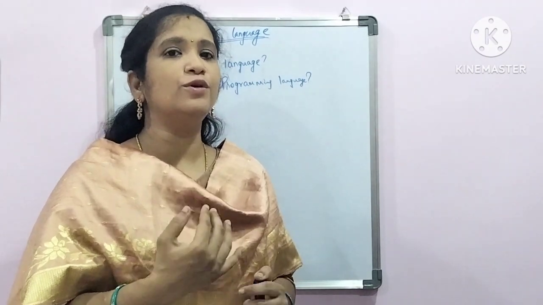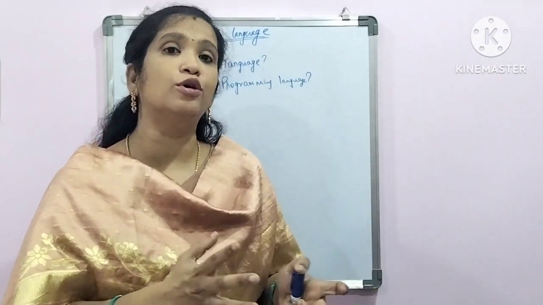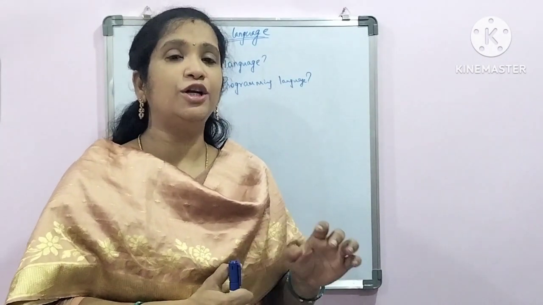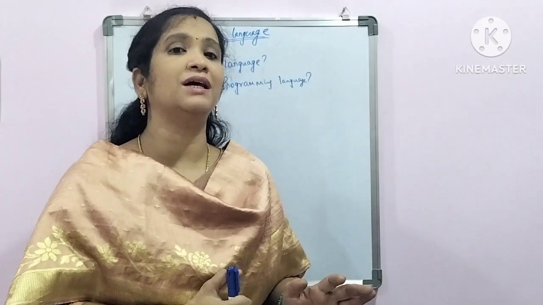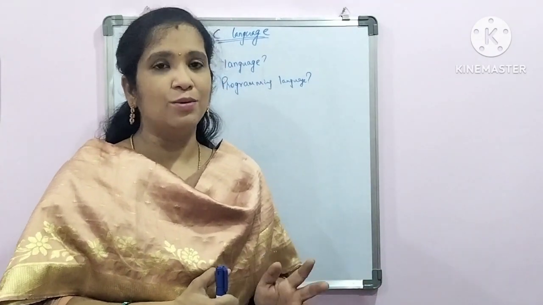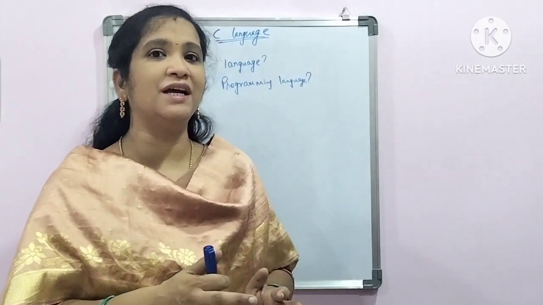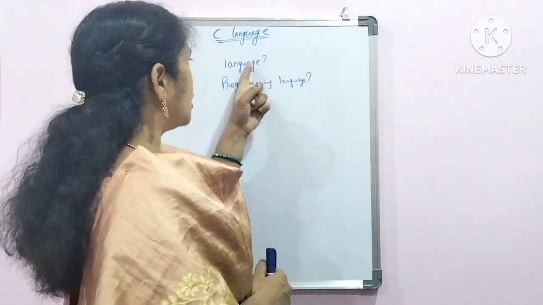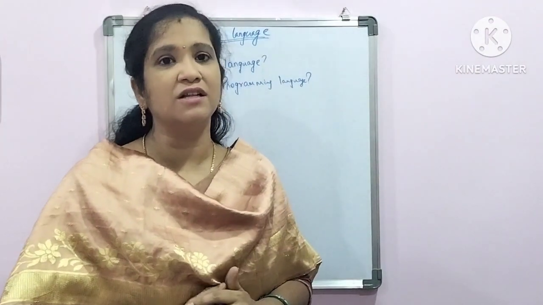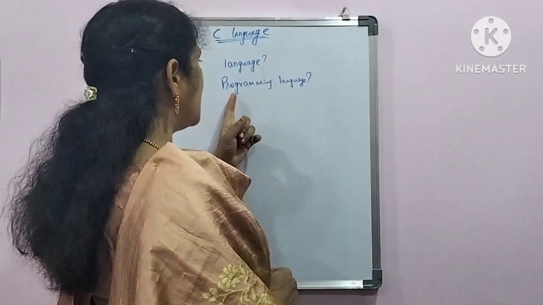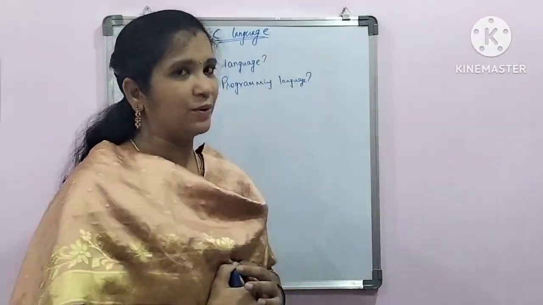If I want to speak in English, there are rules and regulations, like pronouncing in a proper grammatical manner. By using these rules and grammatical conditions, we can speak a perfect or good language. In the same manner, what is a programming language?